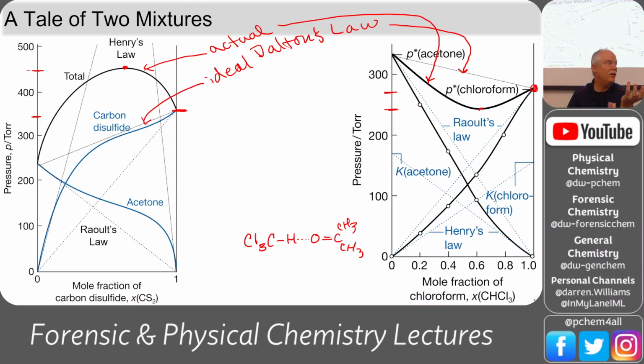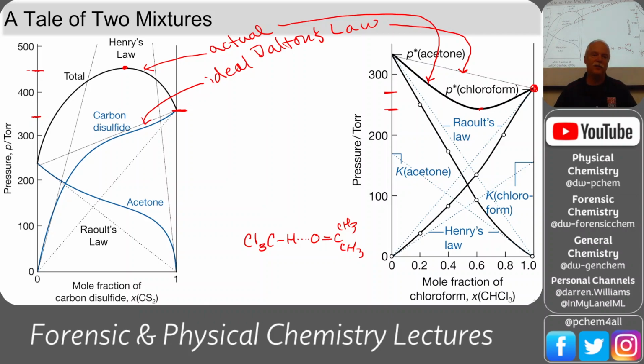It doesn't have a carbonyl or a nitrogen. And acetone by itself really can't hydrogen bond. It's just got methyl hydrogens. They don't really hydrogen bond that well. But you put chloroform and acetone together, hey, we got a partner now. It's a dance. So they team up, they hydrogen bond, and they're happier together than they were apart. So their vapor pressure is lower than the pure substances.